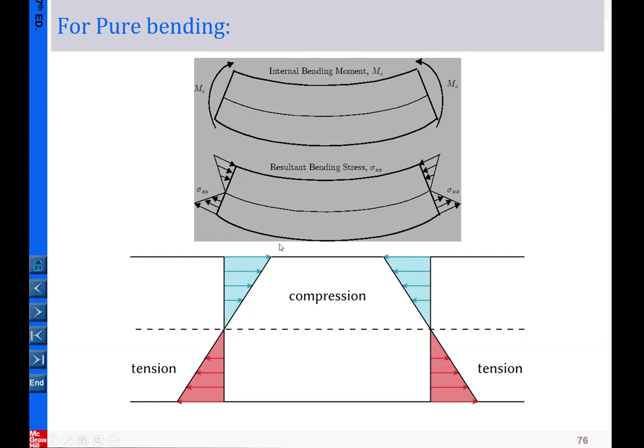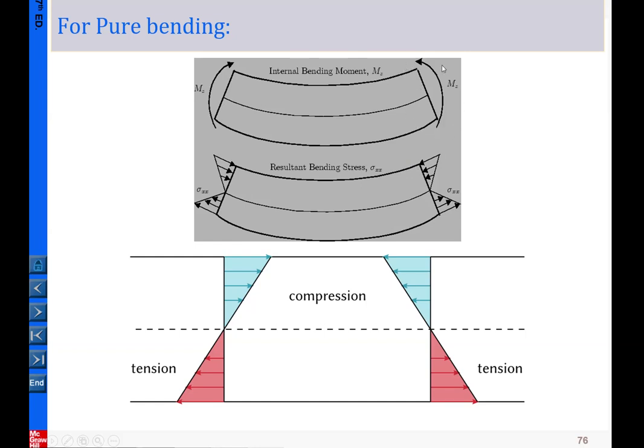So basically for pure bending, from the very beginning, we have a pair of bending moments, for example applied in the symmetric plane, and in this example it curves up.